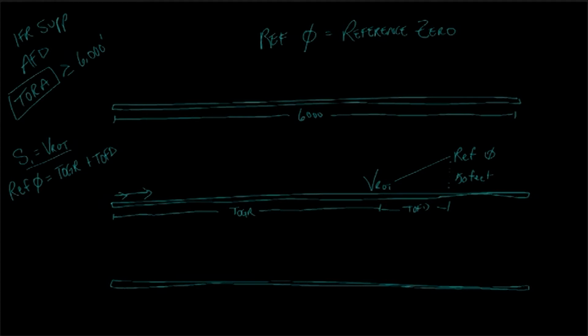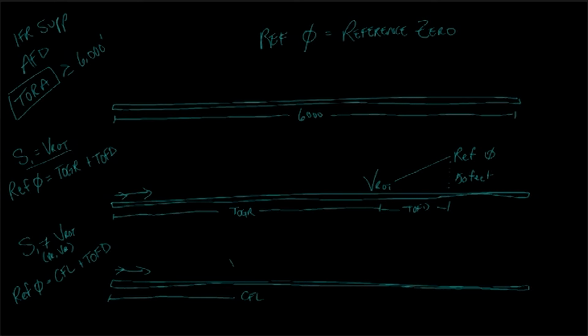And the second way we calculate reference zero is when S1 does not equal rotation speed. So S1 may, in fact, equal either refusal speed or maximum braking speed. If that's the case, we're going to calculate reference zero by combining our critical field length plus takeoff flare distance. So what that looks like here, there's our T1. And we remember what critical field length was, right?